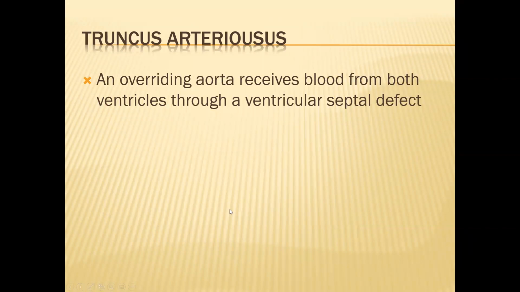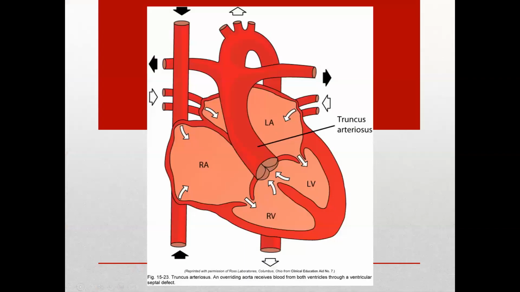Then you get this big fat aorta called truncus arteriosus. You don't have a pulmonary artery and an aorta, you've got one. Truncus arteriosus. So the trunk is both the pulmonary artery and the aorta.